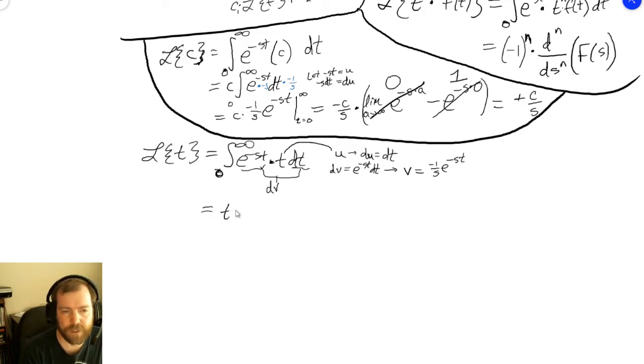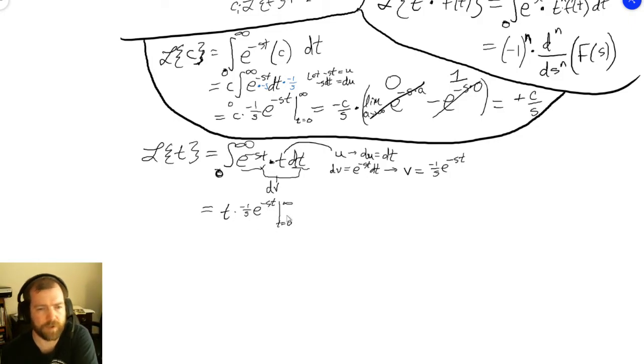It's just literally the t times negative 1 over s e to the negative st. This is going to be evaluated as t goes from 0 to infinity. Minus the integral from 0 to infinity of v du. So negative 1 over s e to the negative st times du is just dt.